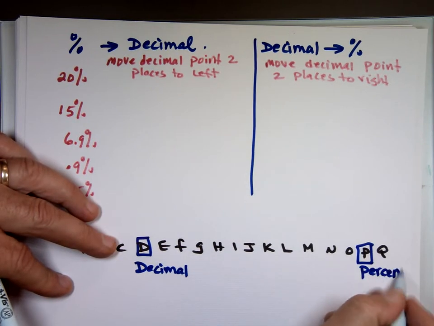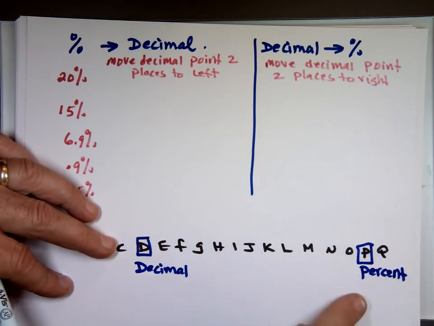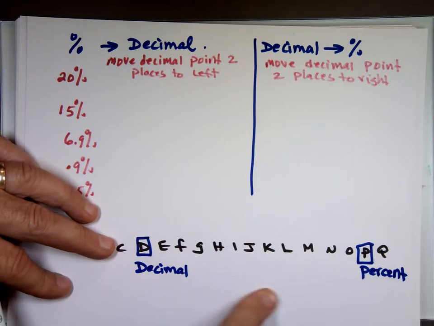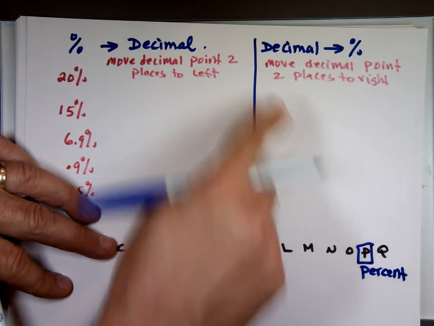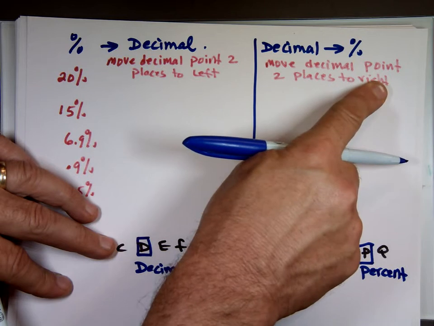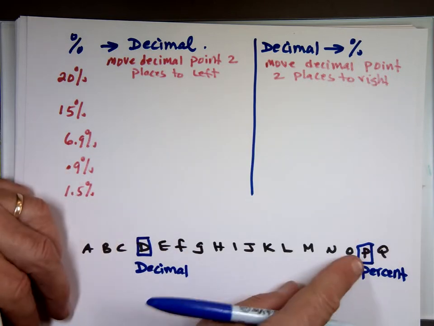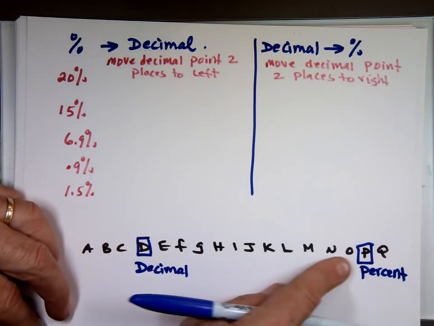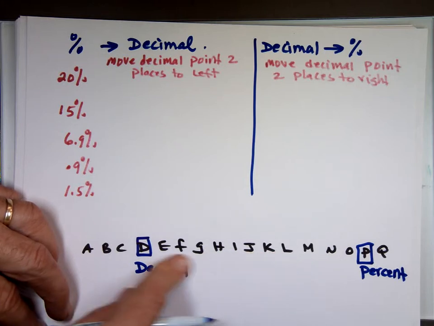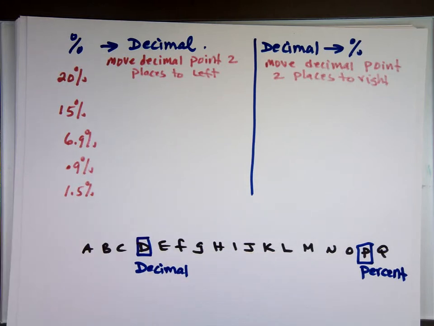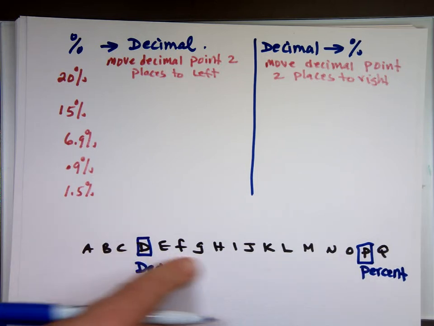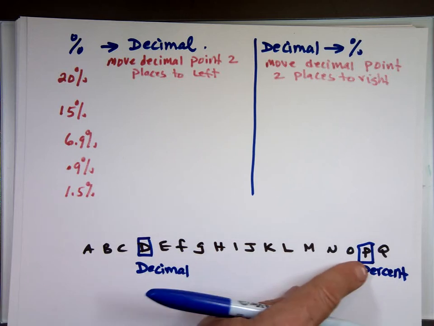If you're going to go from decimal to percent, which way do you have to go? To the right. It's always two places. And if you want to go from percent to a decimal, which way do you have to move? To the left. So that's an easy way to remember. If you forget which way do I go, left or right, just think of the alphabet. D comes before P. If I'm at decimal, I want to go to percent, I go that way. If I'm at percent, I want to go to decimal, I go this way.